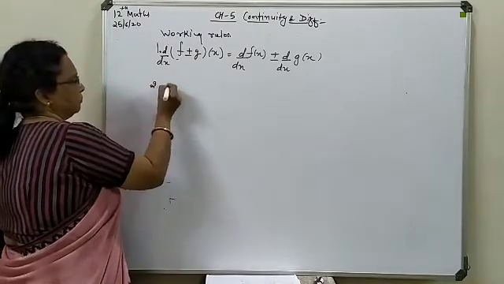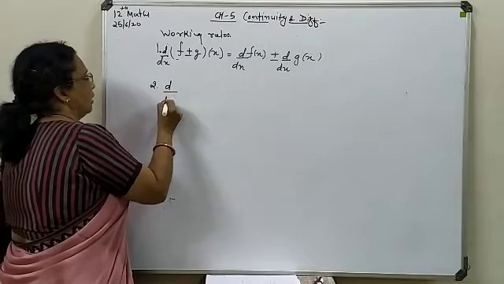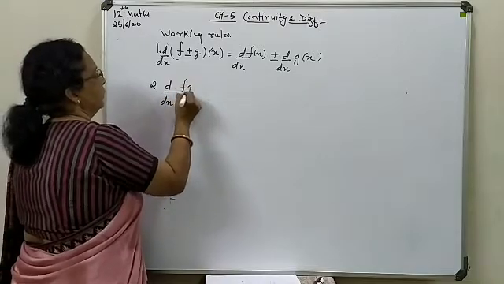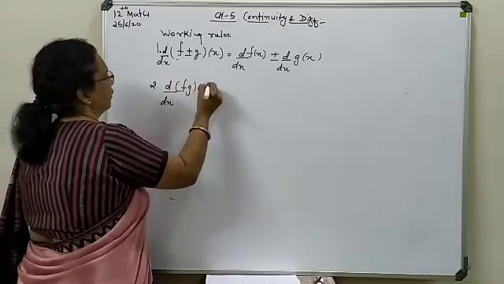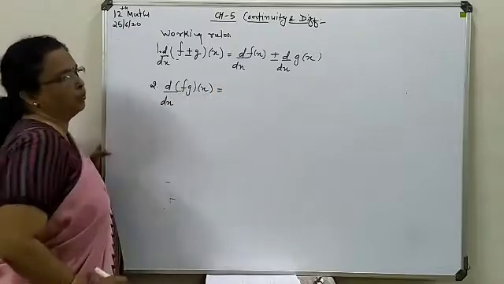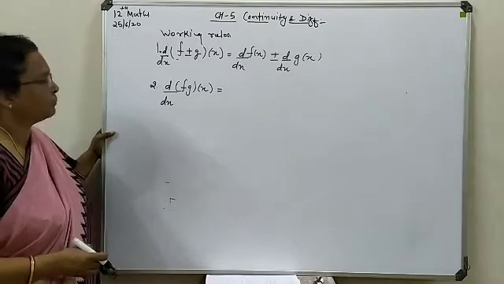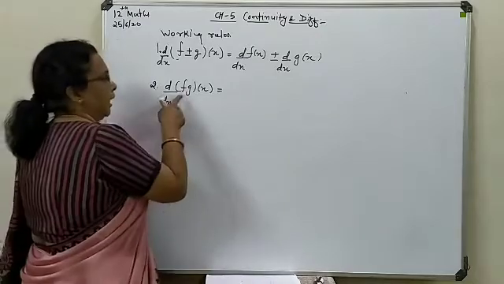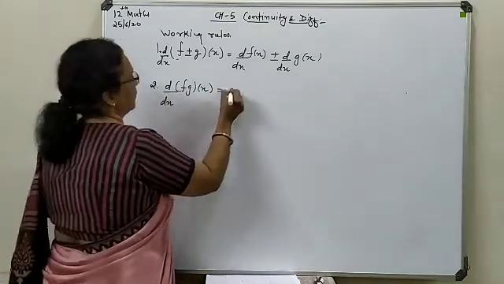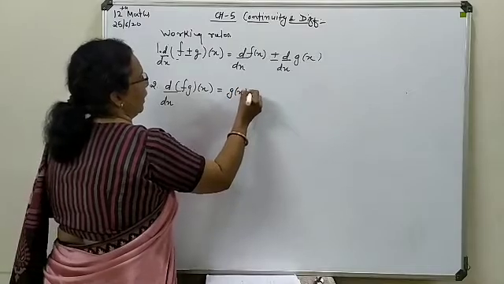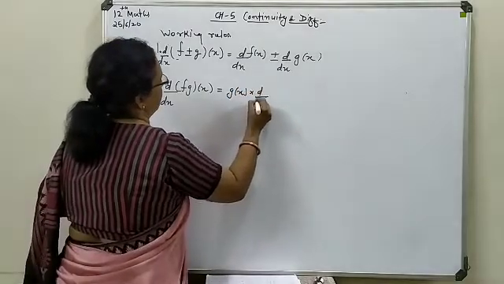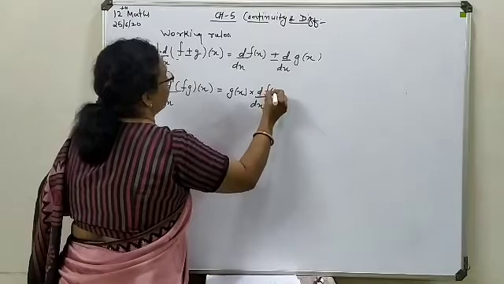Secondly, if your functions are available in product form, it may be more than two functions written in a product form. The working rule: any function you can place at the first position and write the differentiation of one function only.